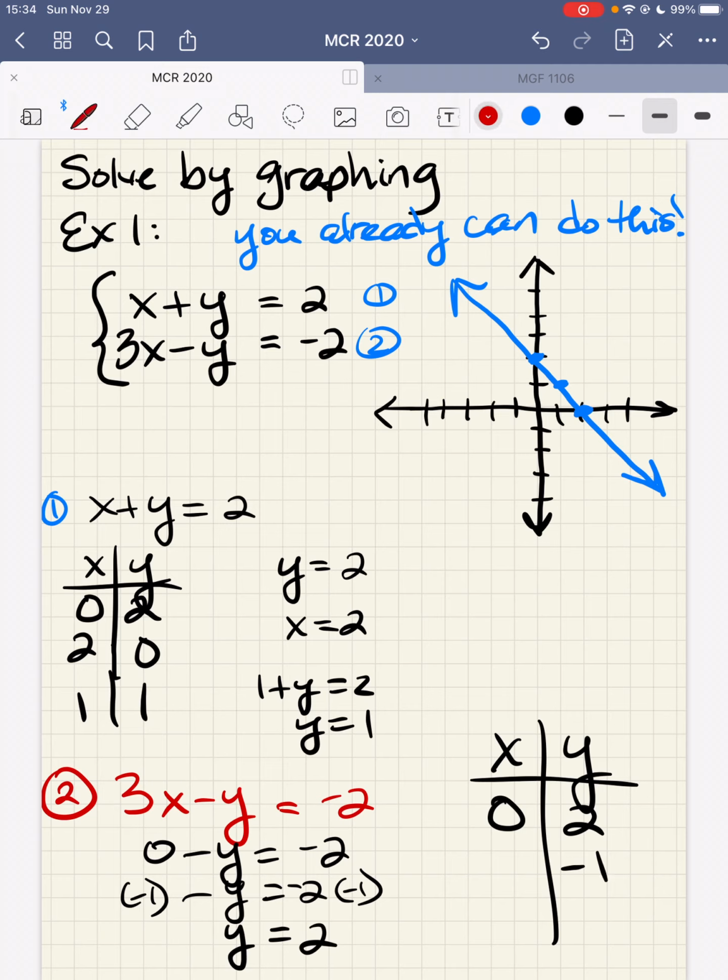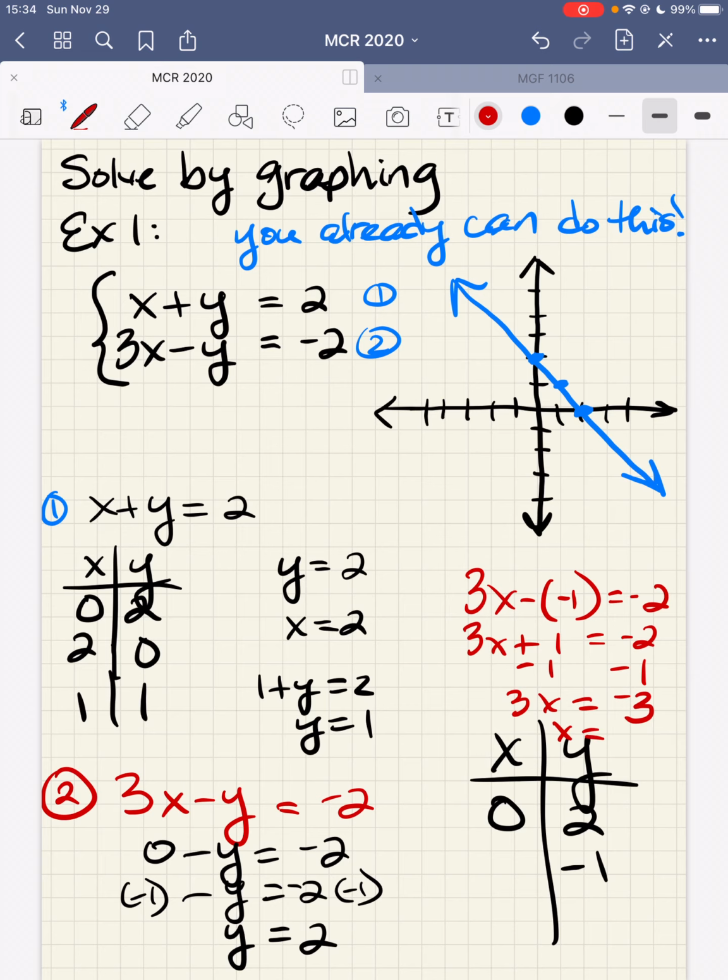So I have 3x minus a negative 1 is equal to negative 2. So I have 3x plus 1 is equal to negative 2. If I subtract 1 from each side, I have 3x is equal to negative 3. And if I divide by 3, x is negative 1. That works for me. But you remember, you can use any points you want.